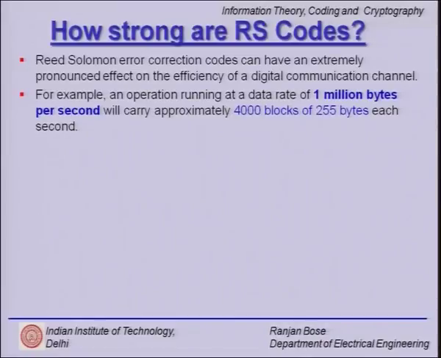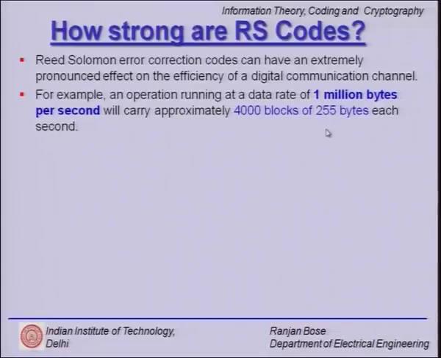Suppose we have an operation which is transmitting 1 million bytes per second. This is the data rate of a high speed communication link. So, approximately we have about 4000 blocks of 255 bytes each per second. If you multiply them, it is roughly of the order of 1 million bytes per second.